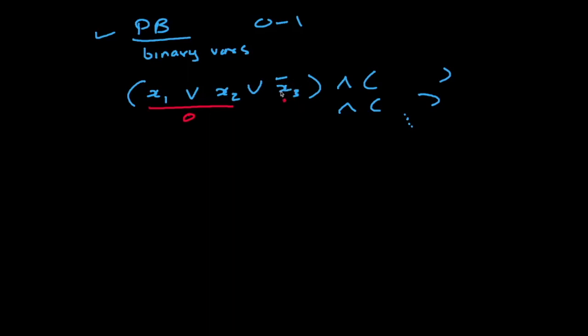Not of x3 should be equal to 1, which means x3 has to be equal to 0. So this entire part is 1 and x3 as a variable is equal to 0. Once we have propagated the value for x3, it leads to propagation in some other clauses. That's how we do propagation here.